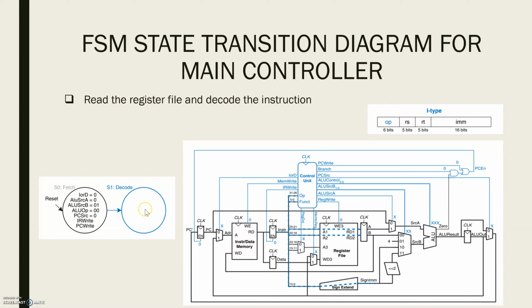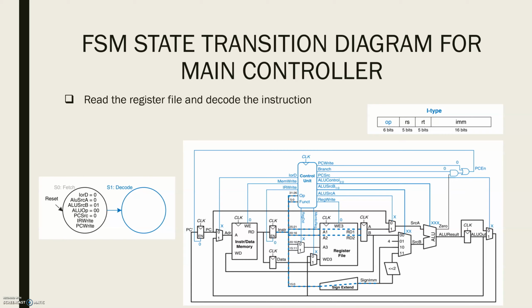No control signals are necessary to decode the instruction, but the finite state machine must wait for one cycle for the read and decode to complete. The new state is highlighted in blue. Now, the finite state machine proceeds to one of several possibilities depending on the opcode.